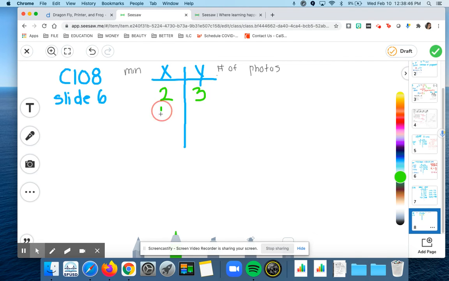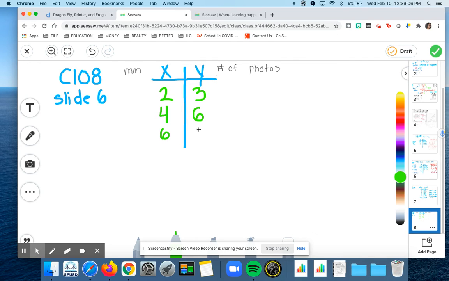That means in 4 minutes, how many photos do I have? It should be 6, right? What about in 6 minutes? If I add 2 here, it's going up at a constant rate.